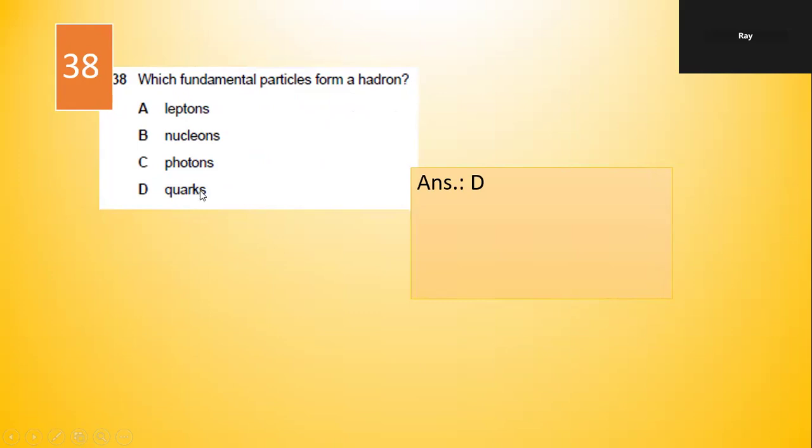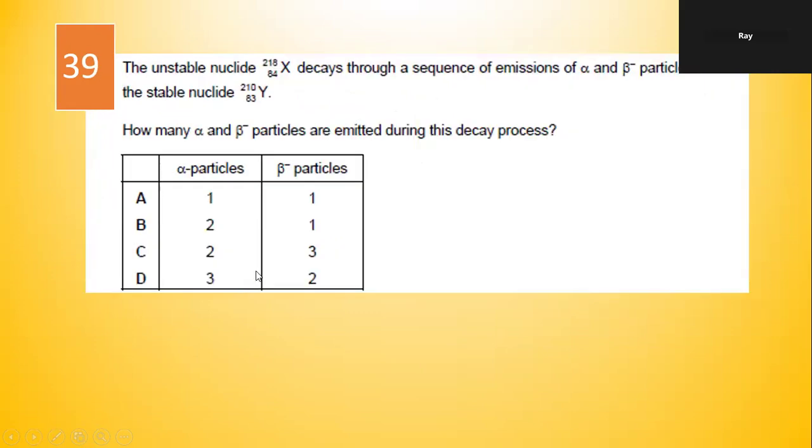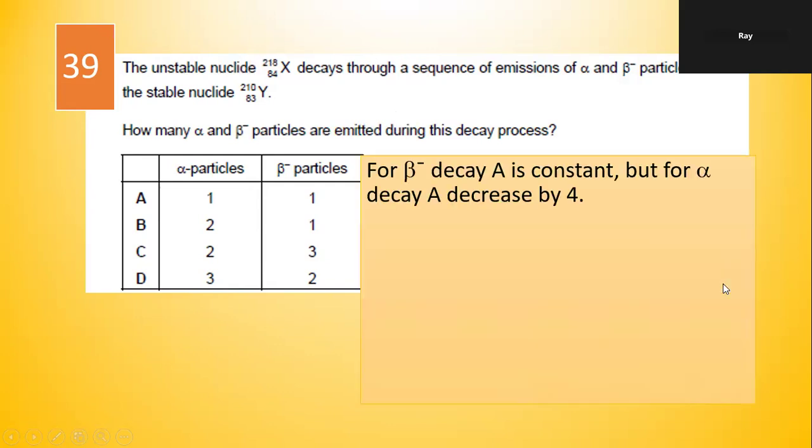This is made out of quarks. So. Okay. How about this one?